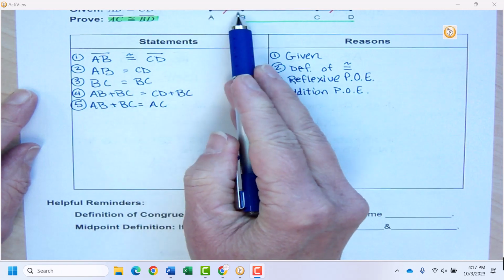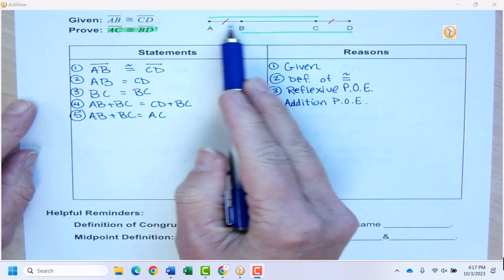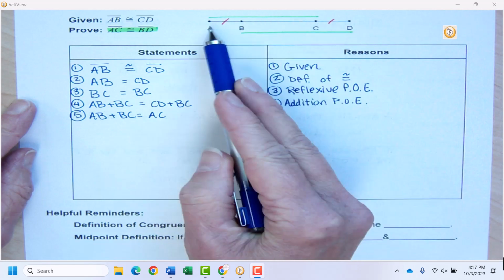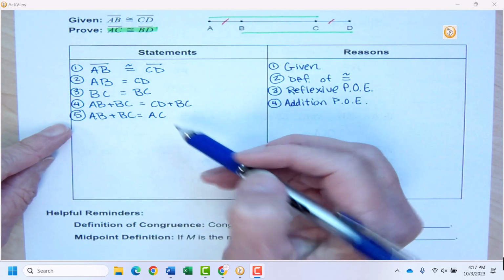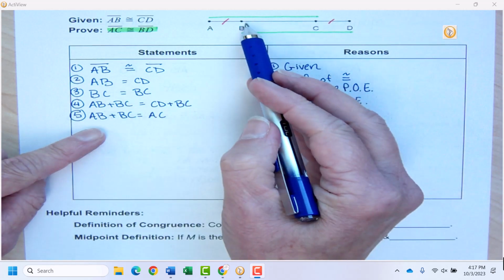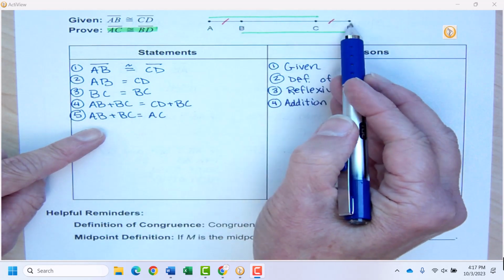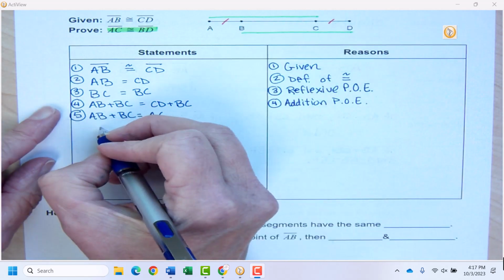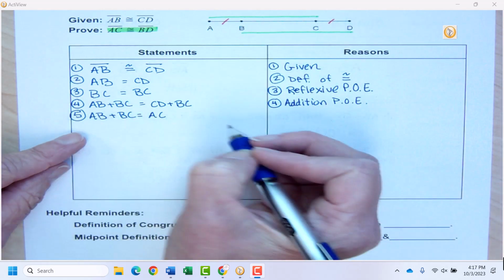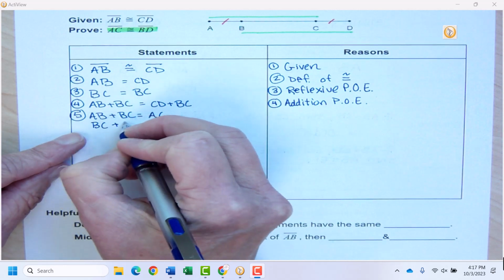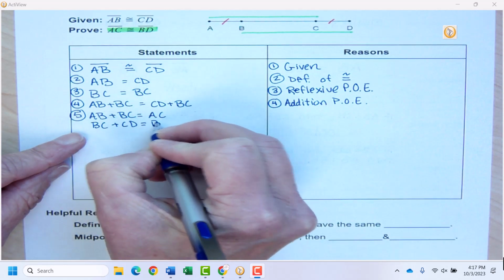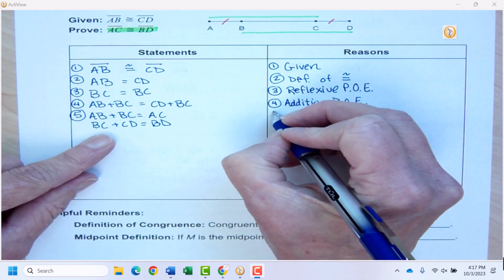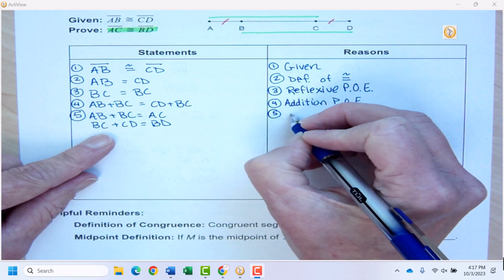Again, this segment plus BC would be equal to that whole segment from A to C. And I'm going to use the same reasoning with BC plus CD is going to be equal to that whole segment between B and D. Right? That was just the segment addition postulate.